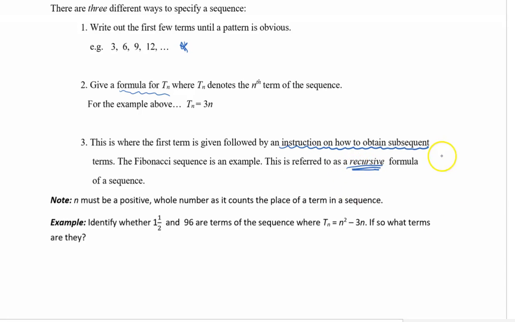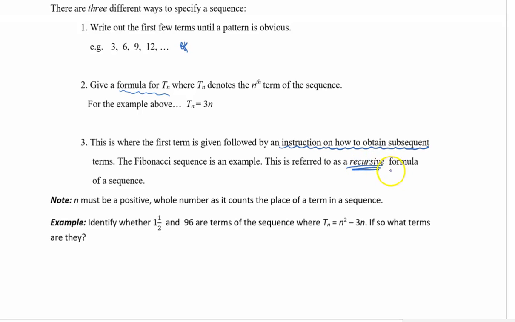So we would point out the connection between the term and the term before it. So every term is identified as being created by performing some operation on the term before it.